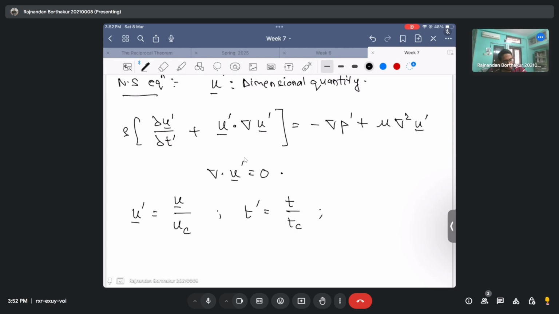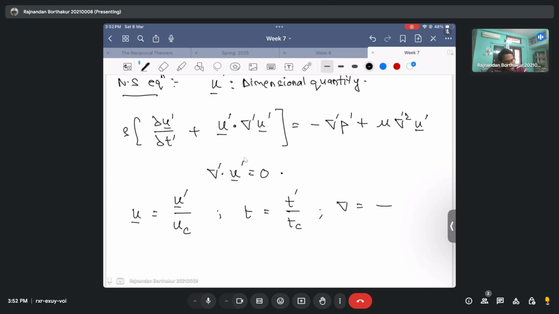And then I also need to define my del. Remember, these gradients are also dimensional, so I'll represent them with a dash. The non-dimensional gradient is going to be, oops, I wrote it the other way around. The dimensional velocity is the non-dimensional one times UC, and the dimensional time is the non-dimensional one times TC. Sorry for the mistake.